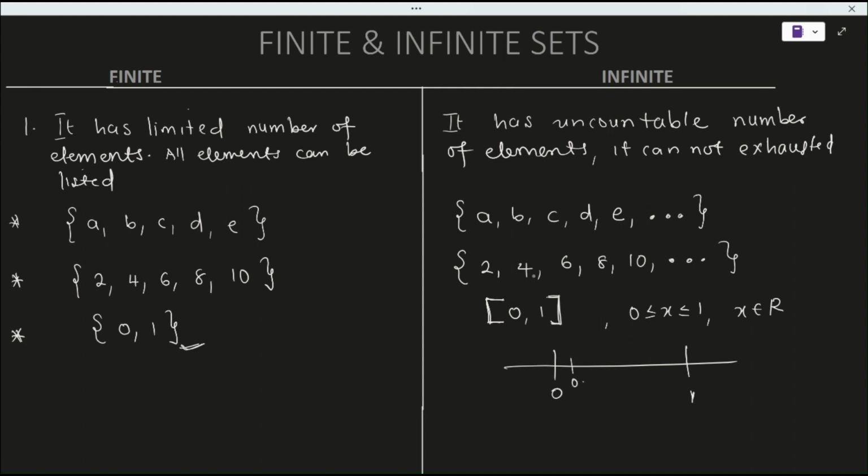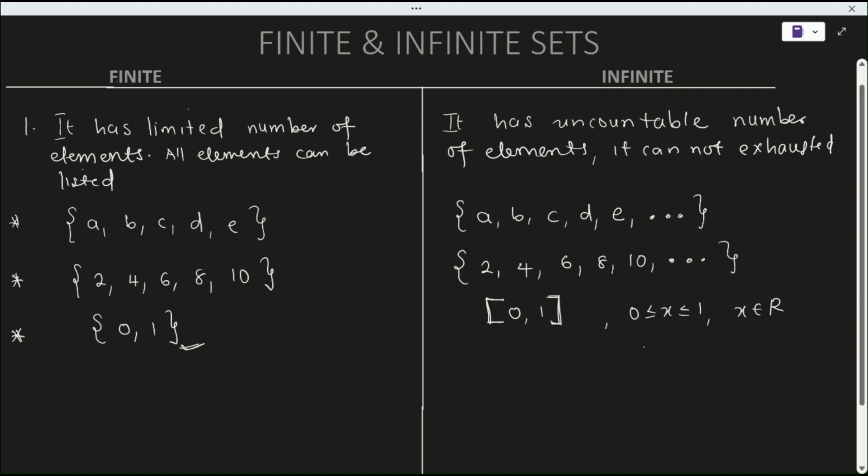For example, there is 0.001, there is 0.002, there is 0.5, there is 0.9. When you get close to 1, you have 0.99999. So you cannot exhaust the real numbers between 0 and 1.